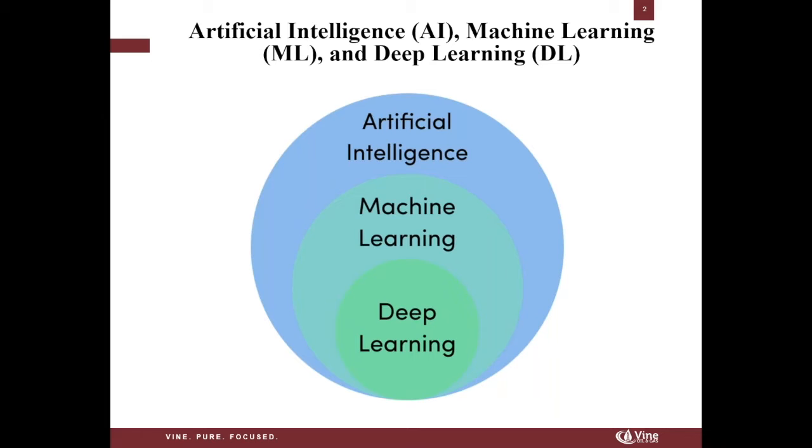So basically training somebody how to play basketball, that is considered machine learning, right? Machine learning is not the same as AI, it is a subset of AI, using the computer's ability to learn without explicit programming.